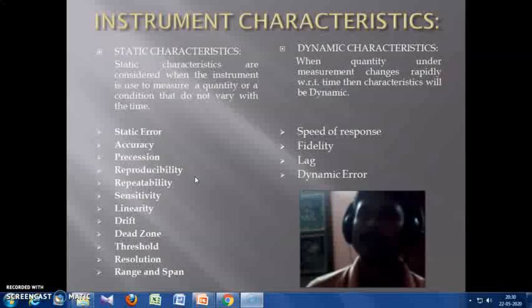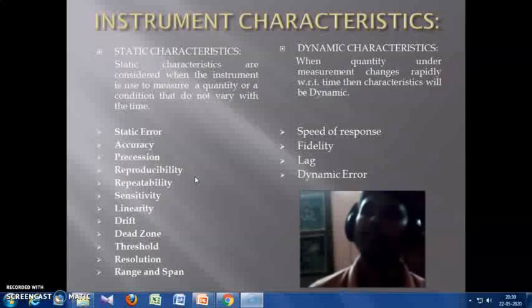Every time we measure for a particular reading, if we get the same output, then its repeatability is good, meaning it repeats the same value independent of time. If we try to manufacture any instrument, these two characteristics, reproducibility and repeatability, are very important.